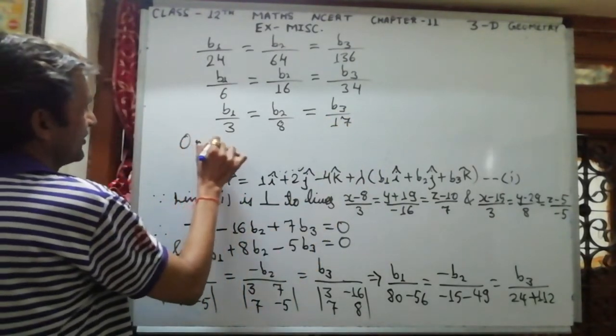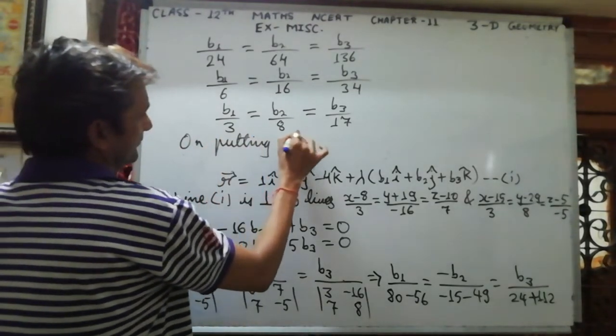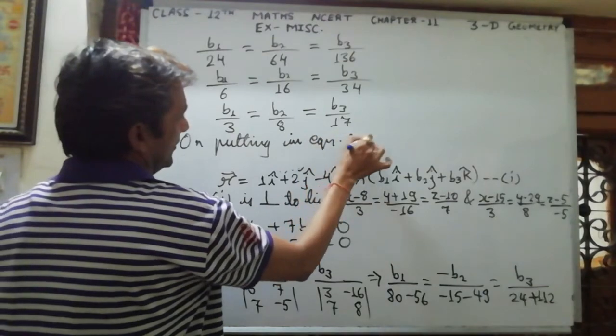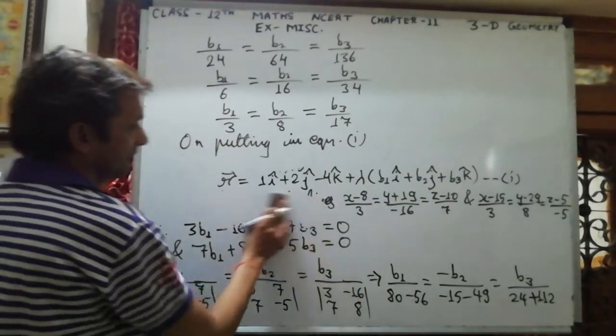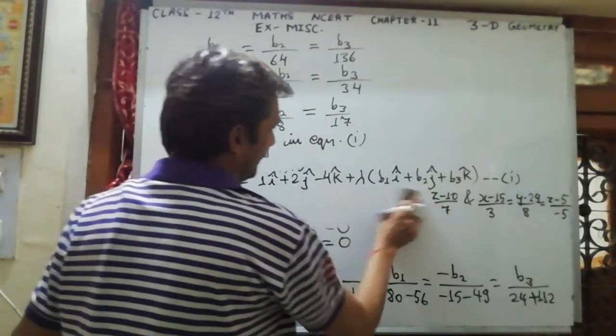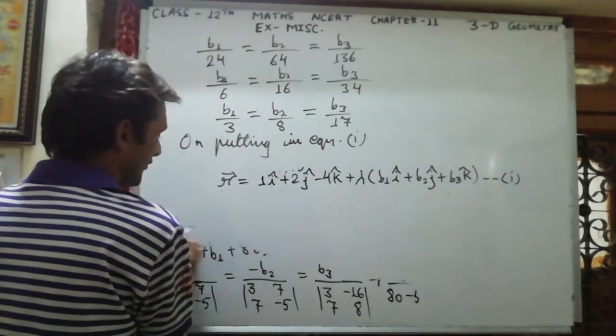On putting in equation 1, here we have to put the values of b1, b2 and b3 for getting the vector equation of the line.